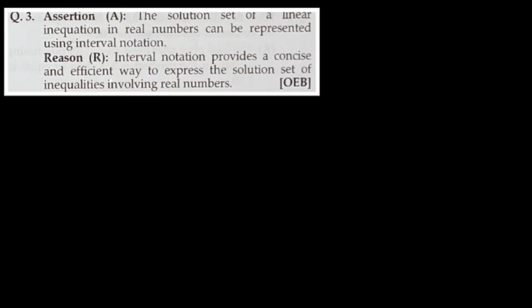Question number 3. Assertion A statement: the solution set of a linear inequation in real numbers can be represented using interval notation. What is interval notation? Interval notation is this: A to B, like 1 to 3, or also like this.